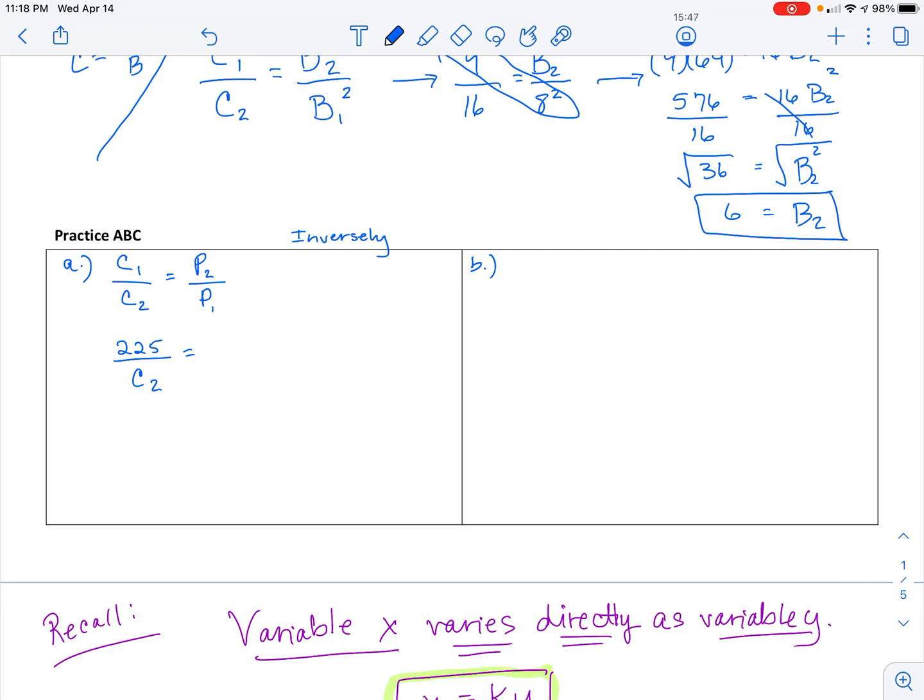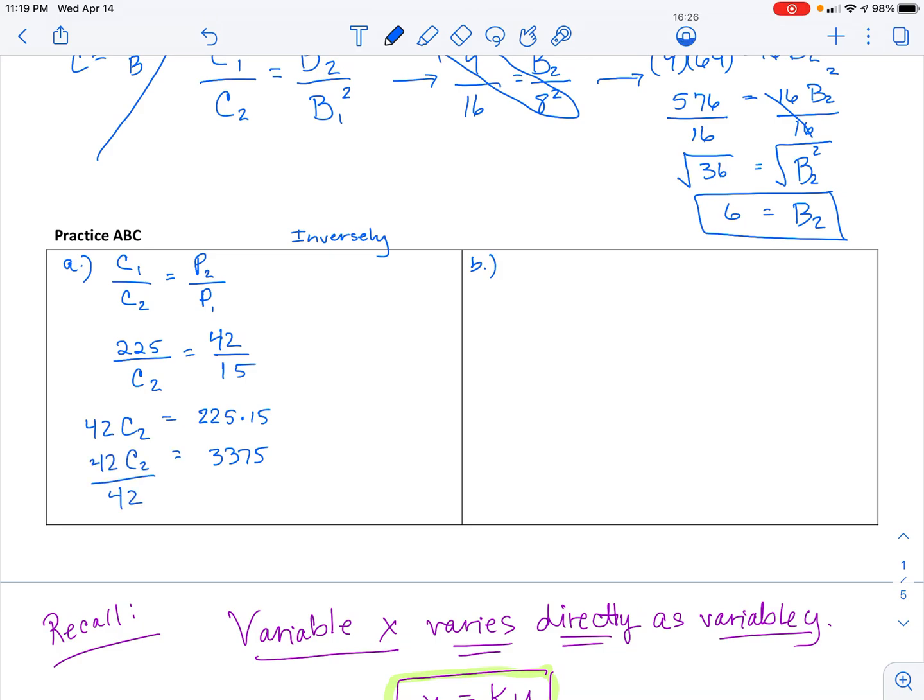The purchase is 42, that's in the end, and then the beginning purchase was 15. All right, now you can just do your cross products here. 42 C sub 2 equals 225 times 15, which, by the way, is 33.75.